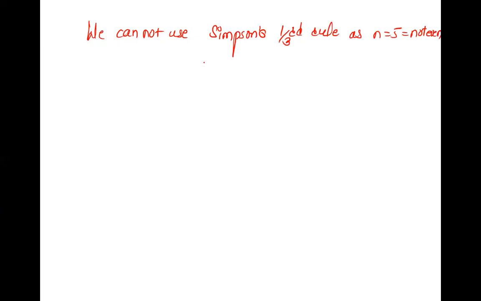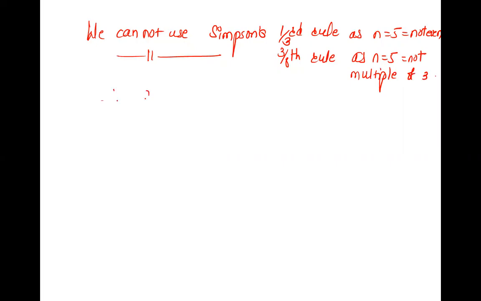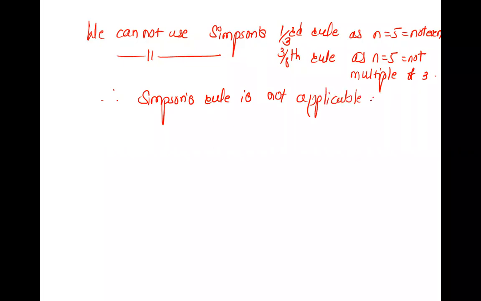And also we cannot use Simpson's 3/8 rule as n is 5, which is not a multiple of 3. Therefore Simpson's rule is not applicable here. If they have already given you h by finding n, we can come to the conclusion that Simpson's is not applicable. Clear?